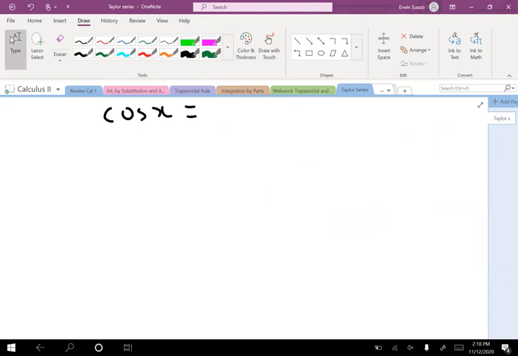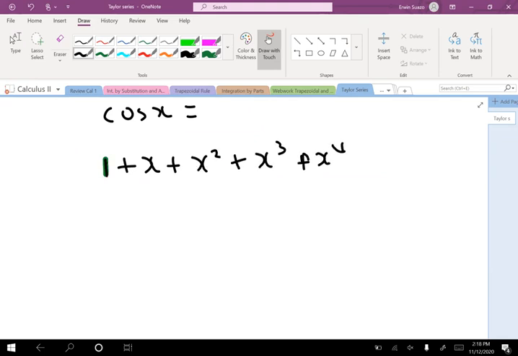Another function we have been working on, or another example, was this. We had 1 plus x plus x squared plus x cubed plus x to the 4, and so on. If somebody remembers, what is this?